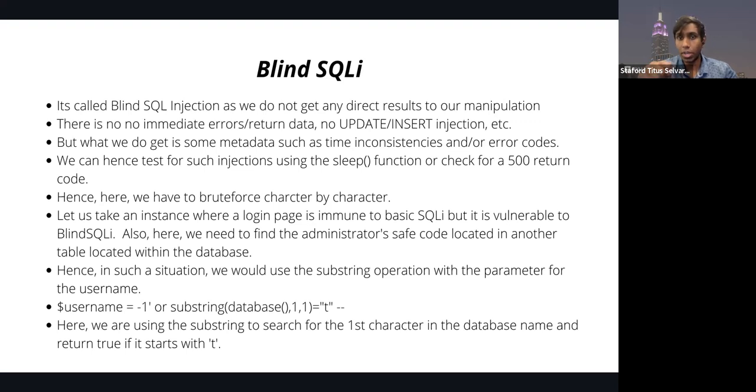So not only do we need to find the administrator's password if we want to log in, we have to find the administrator's safe code, which is located in the database, but in some other table, not in the same table where the users' passwords and names are located. So this is going to be pretty tricky. We have to go through a few things to find it out.